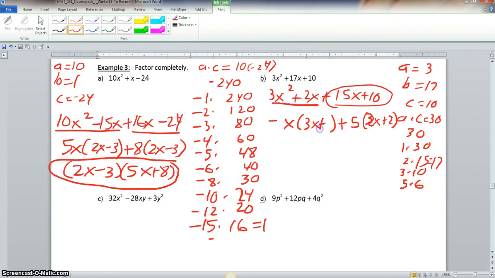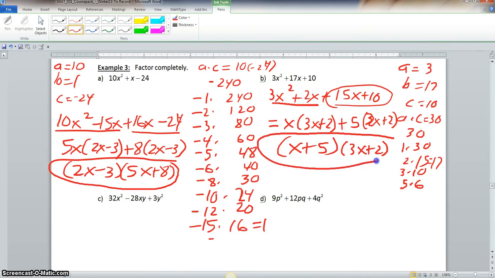So that's x times 3x plus 2 plus 5 times 3x plus 2. So our final answer here would be x plus 5 and 3x plus 2. And that is our final answer.